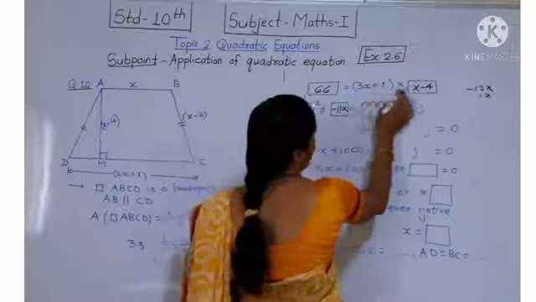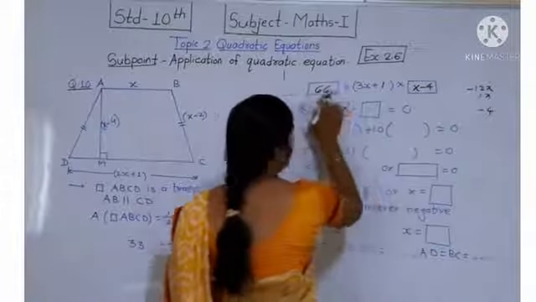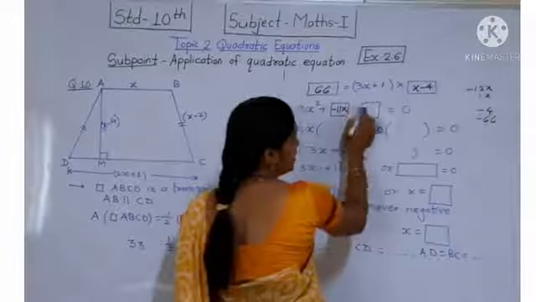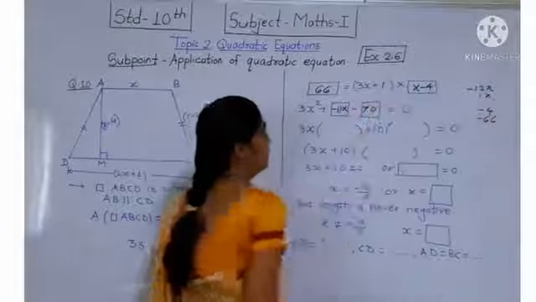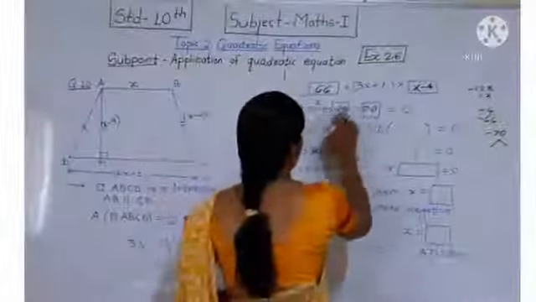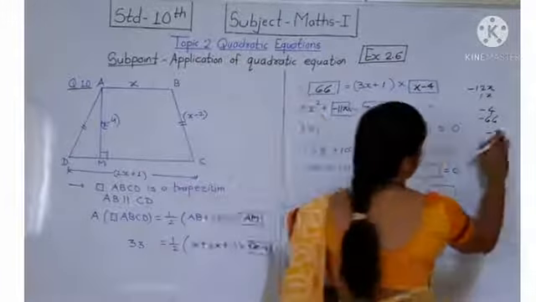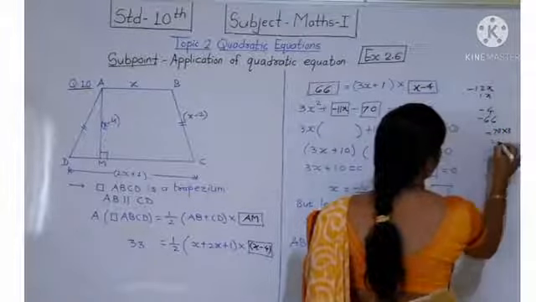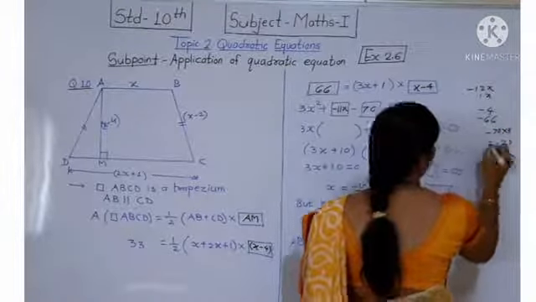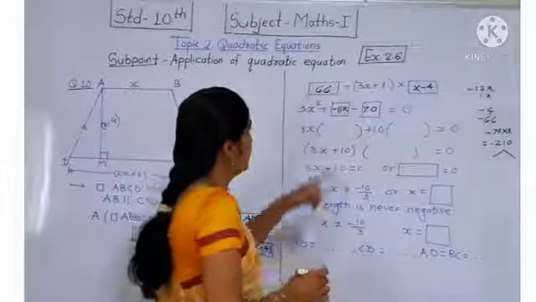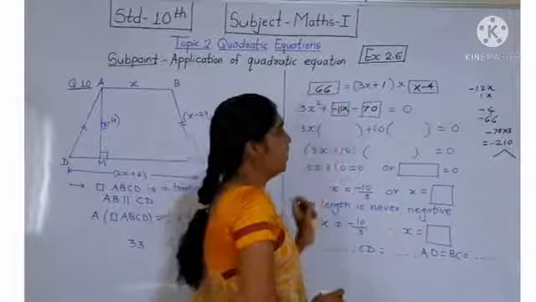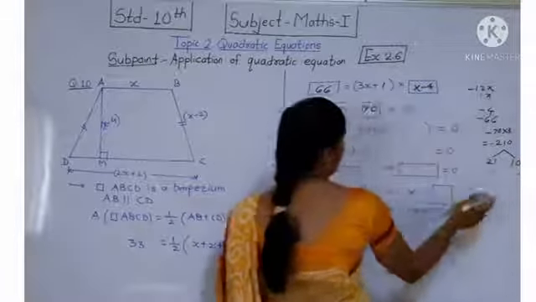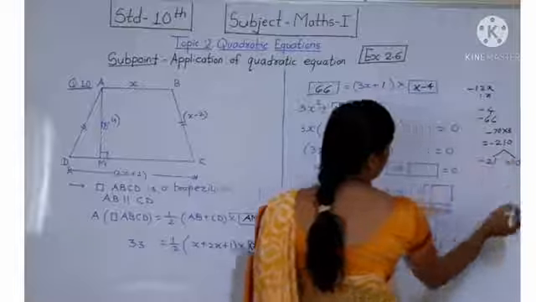And here minus 4 and 66 becomes minus 66, means here minus 70. So we get 3x square minus 11x minus 70 is equal to 0. We have to make the factors of minus 210 so that the subtraction becomes 11, means 21 tens are 210. See here minus and plus.